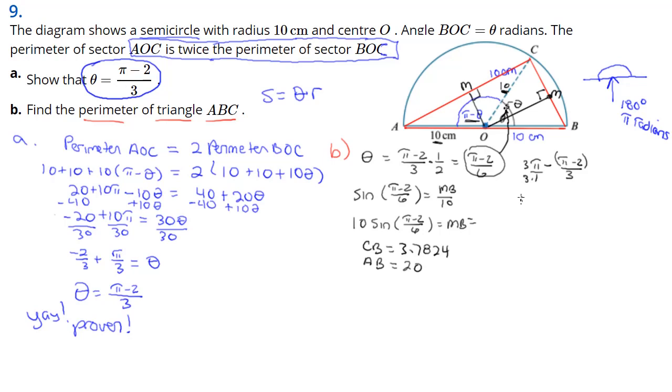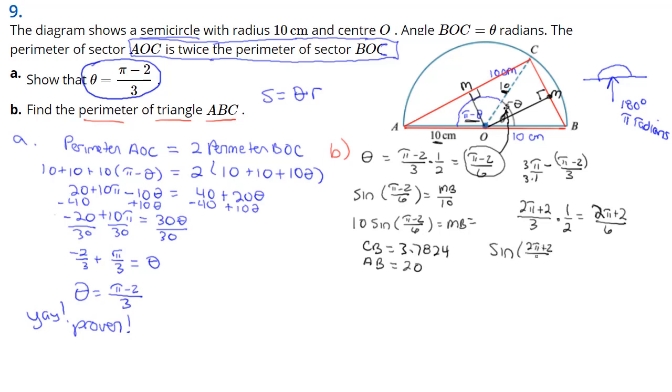If I make a common denominator of 3, I get 3 pi over 3 minus (pi minus 2), and that's going to give me a new angle of (2 pi plus 2) over 3. Now I only want half of that again, because I only want to make this right triangle, so I multiply by 1/2 and I get (2 pi plus 2) over 6.